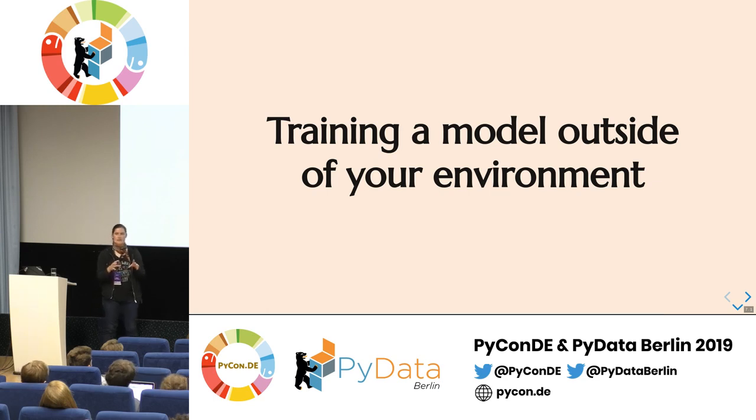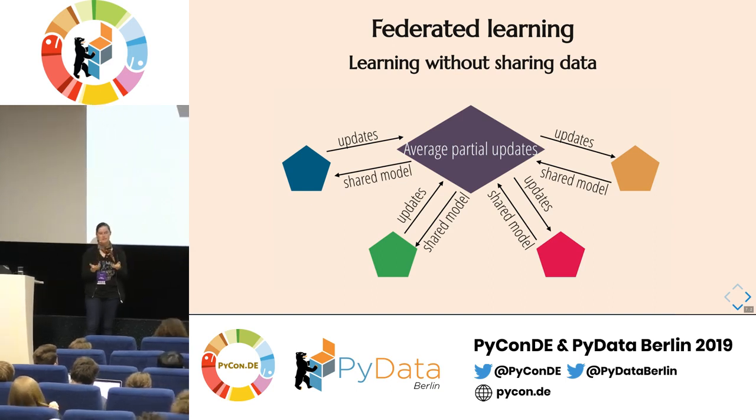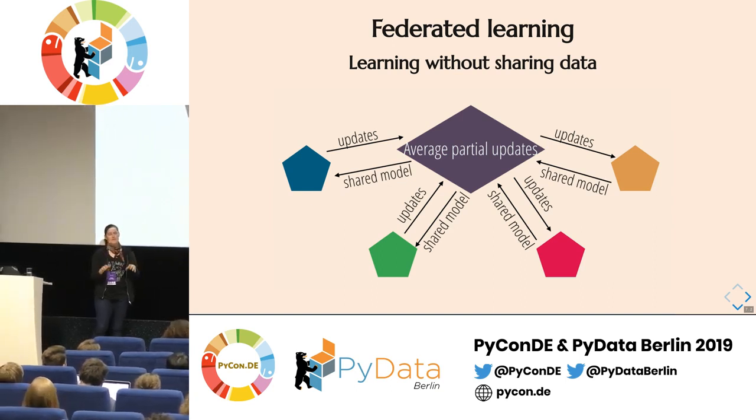But if you cannot train your model in a controlled environment, you have to ensure that the training process is not leaking any data. There are two main use cases. The first one is that you've got a lot of people each having a bit of data, not enough to train a complete model, but they still want to collaborate to train a model.